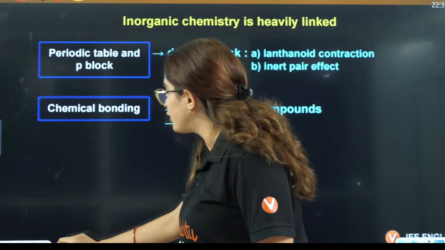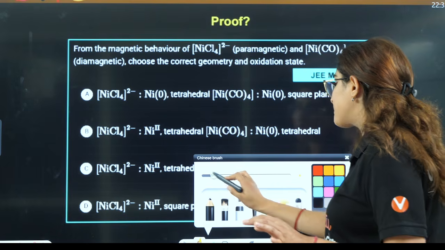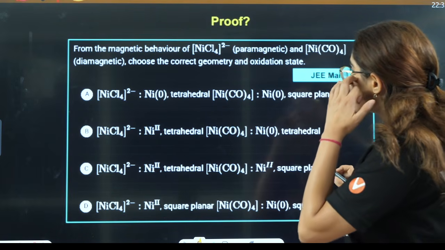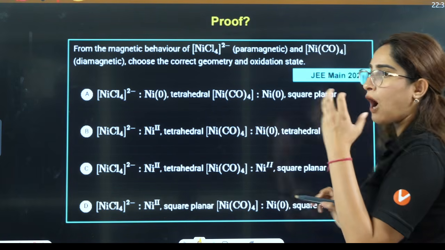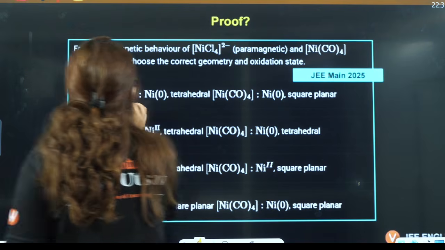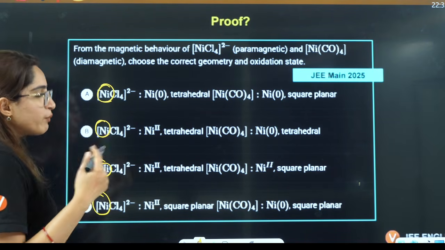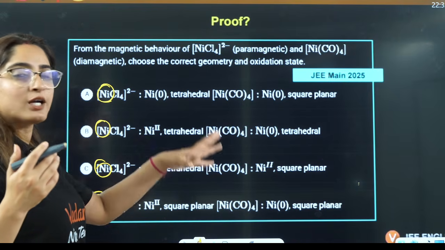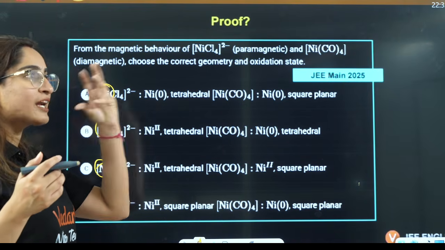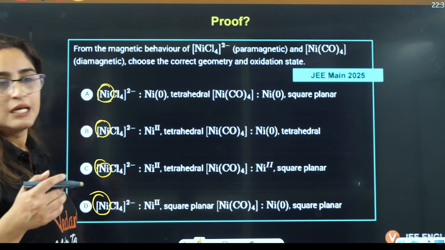I'll just tell you with the help of a proof why I'm insisting on that. If I take this question here, how is it connected? Firstly, if you see here, it is nickel. So what you need to do is know the atomic number of nickel and the electronic configuration of nickel, right?